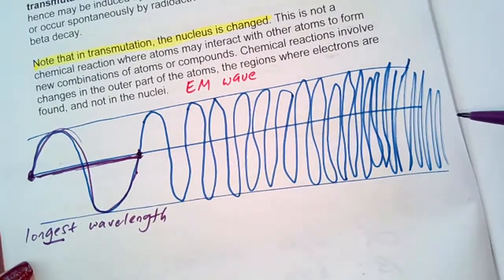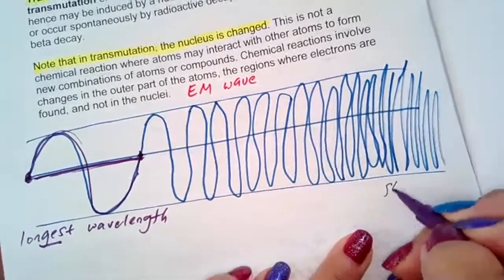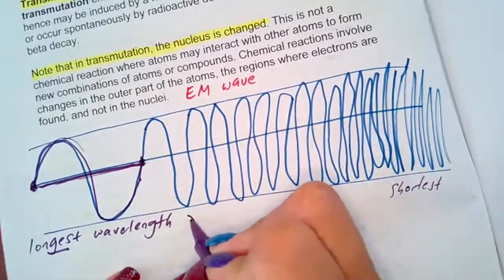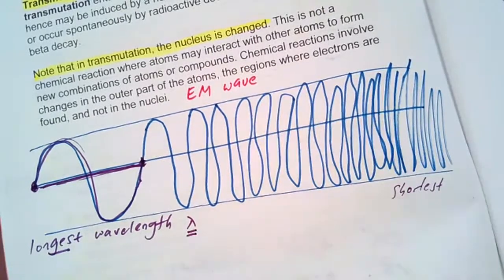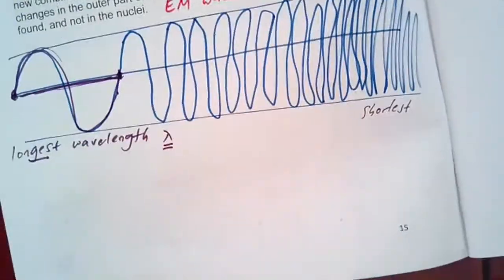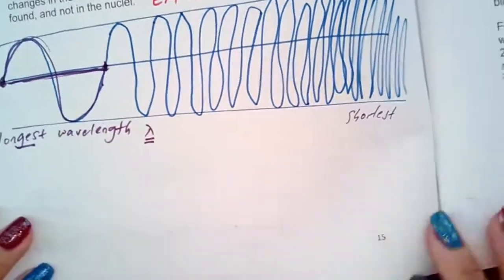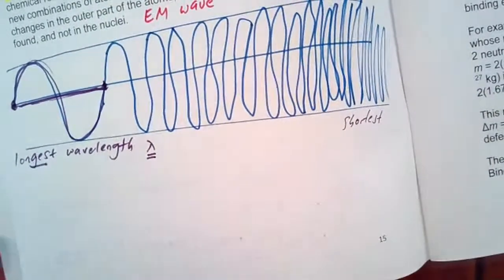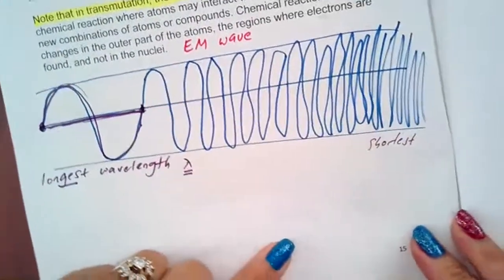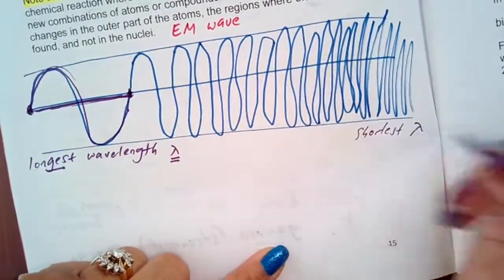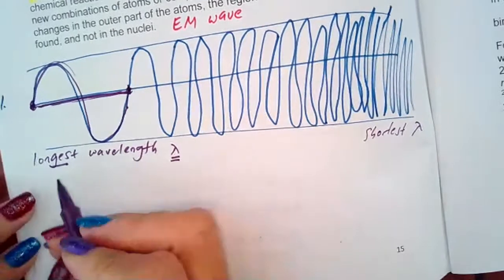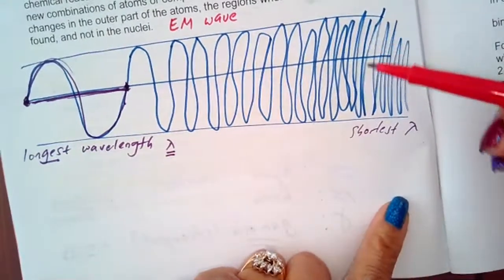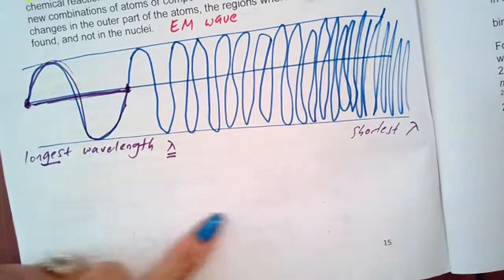Compare that to the opposite end. This is a very short wave. So this is the one with the shortest wavelength. Now the wavelength has a symbol of lambda, the letter L in the Greek alphabet. So this is the one with the shortest wavelength. And being the shortest wavelength, there will be more frequent waves traveling per second.